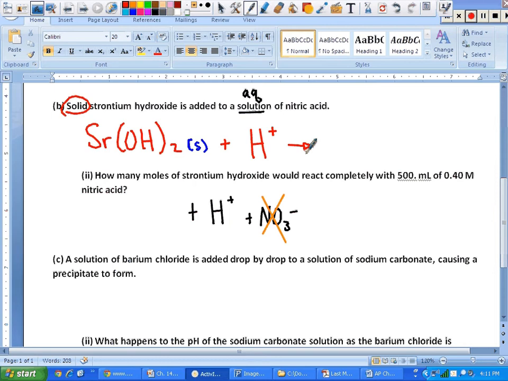All acid bases. So let me go back and let's write the full reaction, Jada, just so we can see it. So we have Sr(OH)2 plus HNO3. Again, this is how I would recommend starting it out every single time. And so we're going to have Sr(NO3)2 plus H2O.